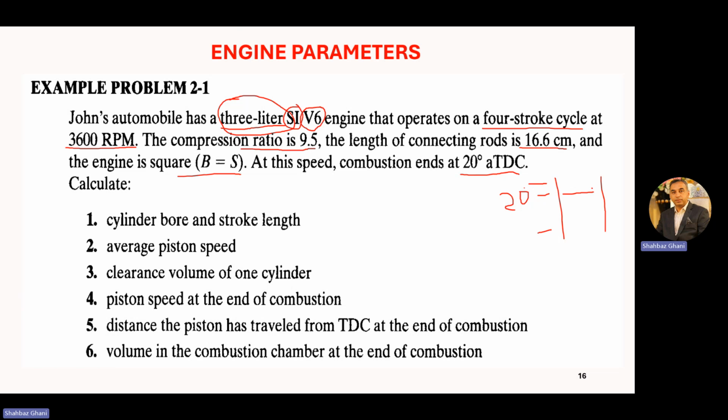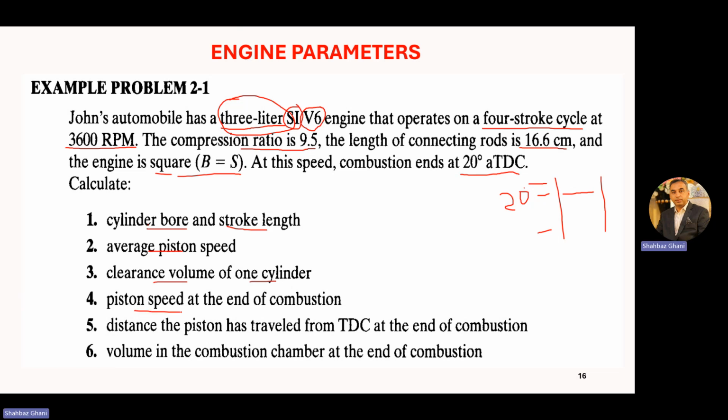Now what we have to do? First, we have to calculate cylinder bore and stroke length. As you know, bore is equal to stroke, since the engine is square. Then the average piston speed, and clearance volume VC for one cylinder. Remember this thing, VC for one cylinder.